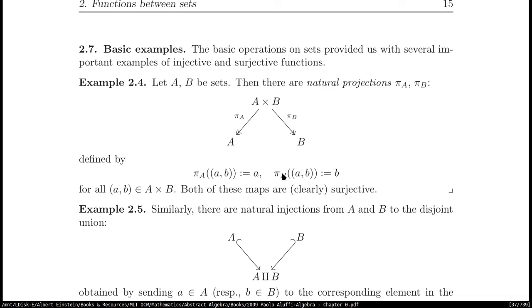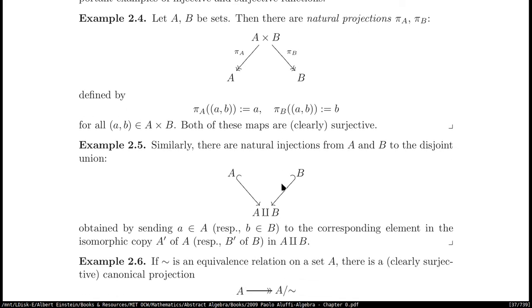You have two different sets A and B, and you can inject A into the disjoint union of A and B. You take the elements a of A to the corresponding element in the isomorphic copy A prime of A in the disjoint union.